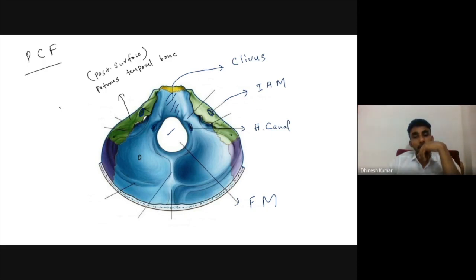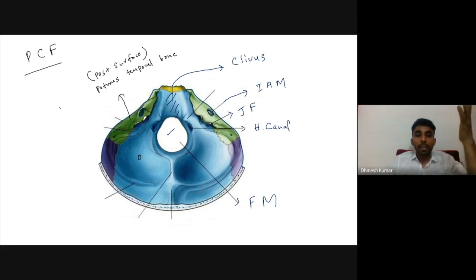And just below the petrous temporal bone, or you can say just below the internal acoustic meatus, what is this foramen called as? Jugular foramen. So the jugular foramen is located between the petrous part of temporal bone and the occipital bone, right?